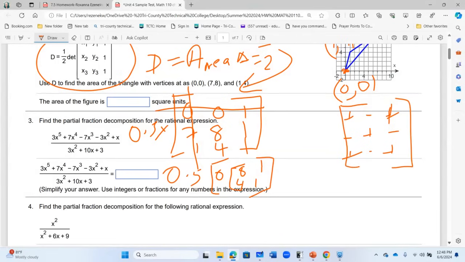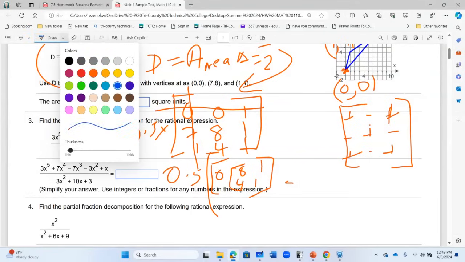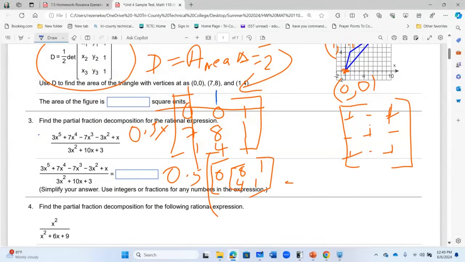And the second one is going to be minus. So I'm going to have parentheses here. Minus, and I am going to get the minor for the 0.